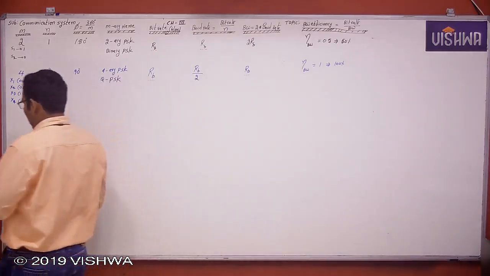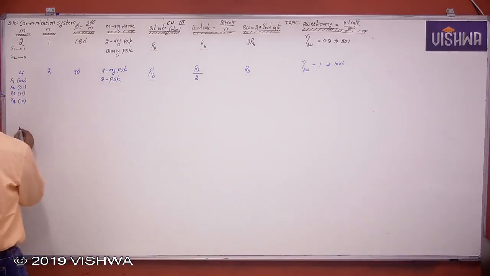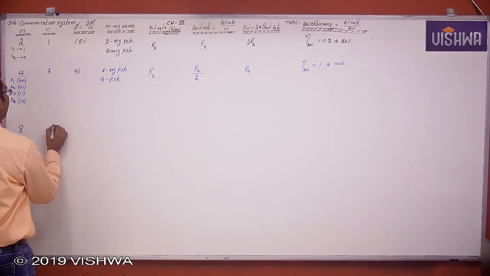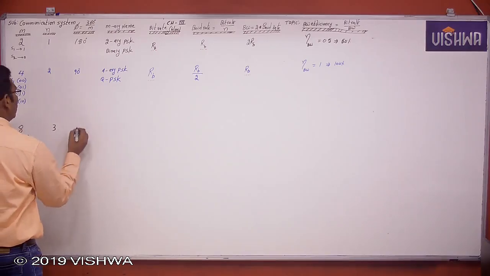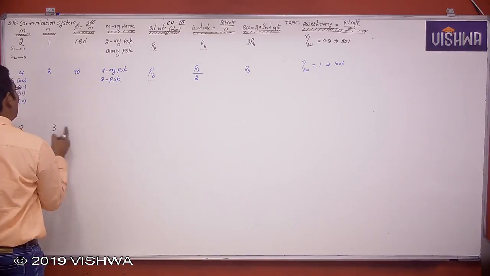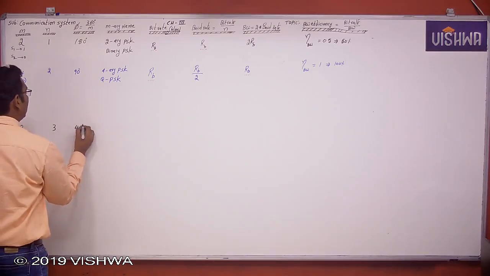Now, if M equal to 8, so how many symbols? 8 symbols, x1, x2, x3, x4, x5, x6, x7, x8. So, if M equal to 8, n equal to 3, therefore 3 bits per each symbol. The phase difference between the symbols is 45 degrees.